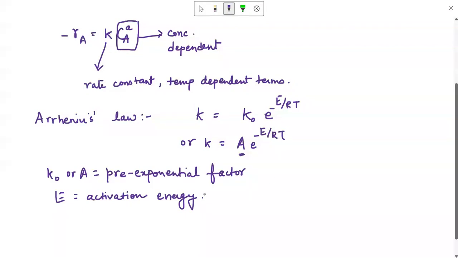This is the activation energy for the reaction. You already know R, which is the universal gas constant, and T is the reaction temperature.